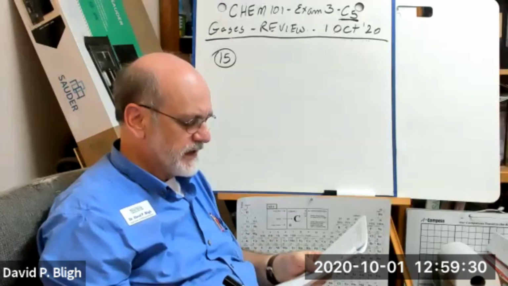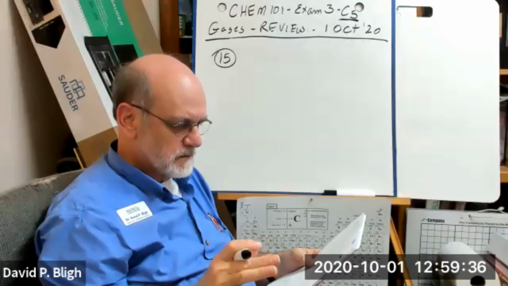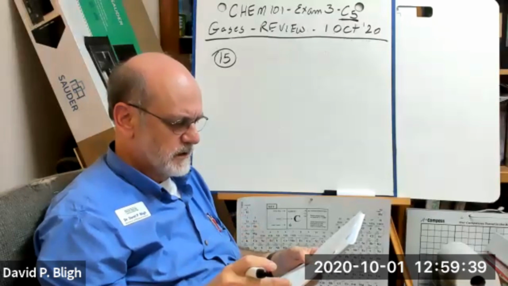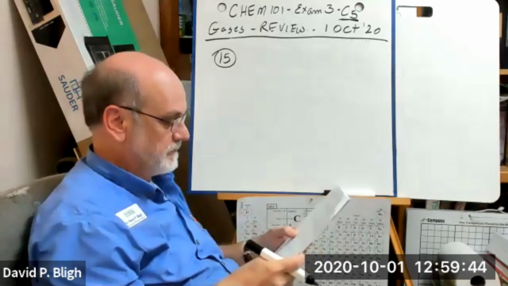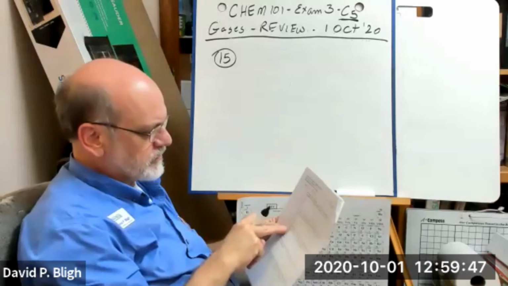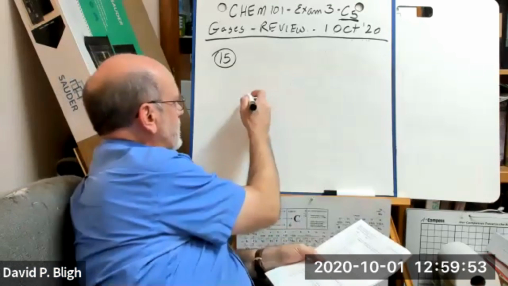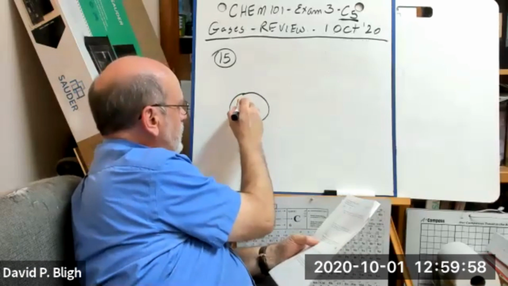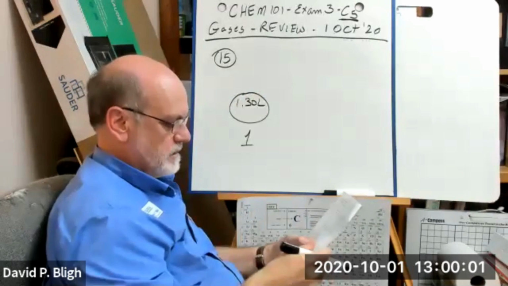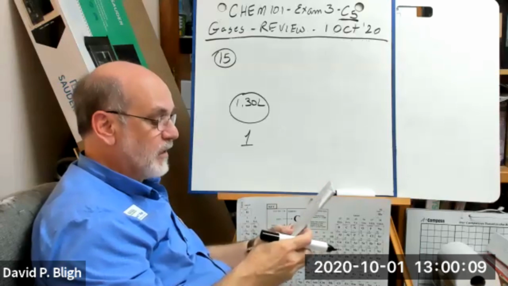Gaseous chlorine is held in 2 separate containers at identical temperatures and pressures. And then it gives us the volume of each container. Container 1 is 1.30 liters, and it also tells how many moles we have in here.